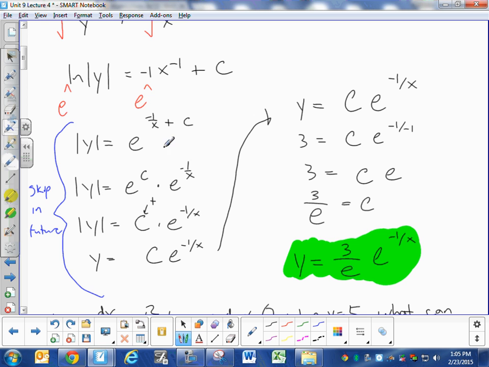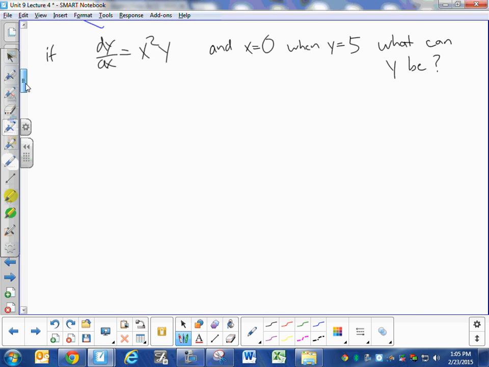Once you understand that you'll have e to the something plus c, and then you can bring it down and make it e to the c times this, and you know that this is a c, and you know you can assign it a positive or negative value instead of just being positive. Once you know that, you'll be able to go right from here to here. Okay, so let's practice. Let's solve this differential equation for y.